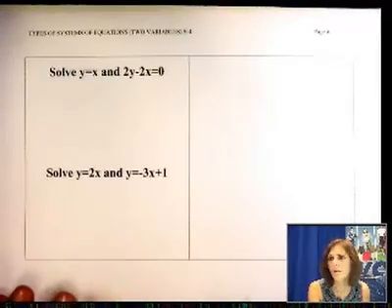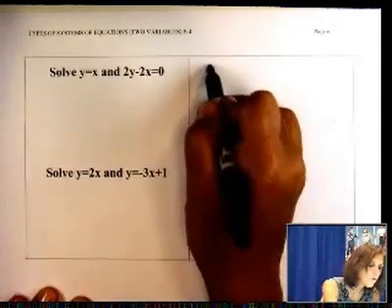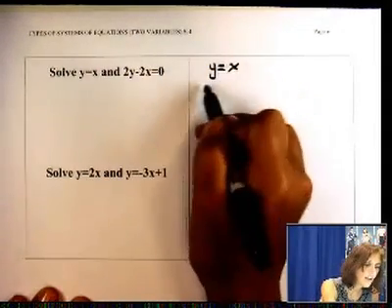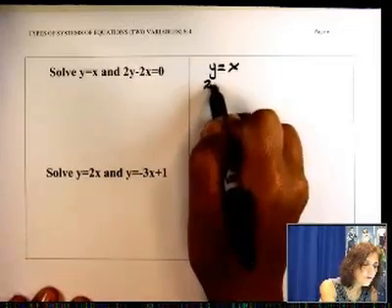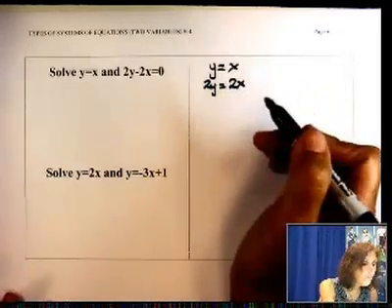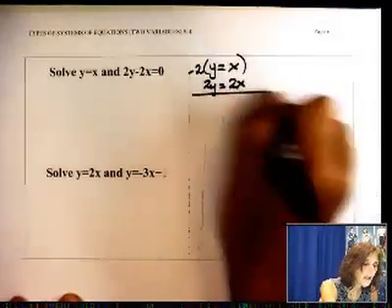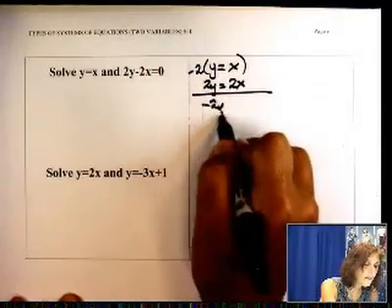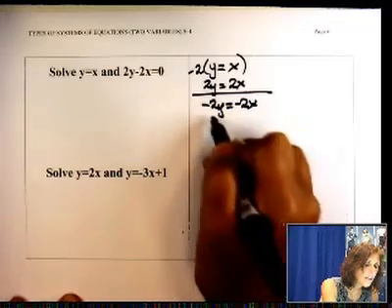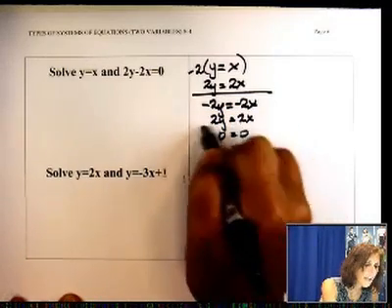Let's do two more. y equals x and 2y minus 2x equals 0. So let me do this right here. I'll move the 2x to the right. 2y equals 2x. All right. Let's use the addition method. So I have negative 2y equals negative 2x, and 2y equals 2x. 0 equals 0 when I add them up.